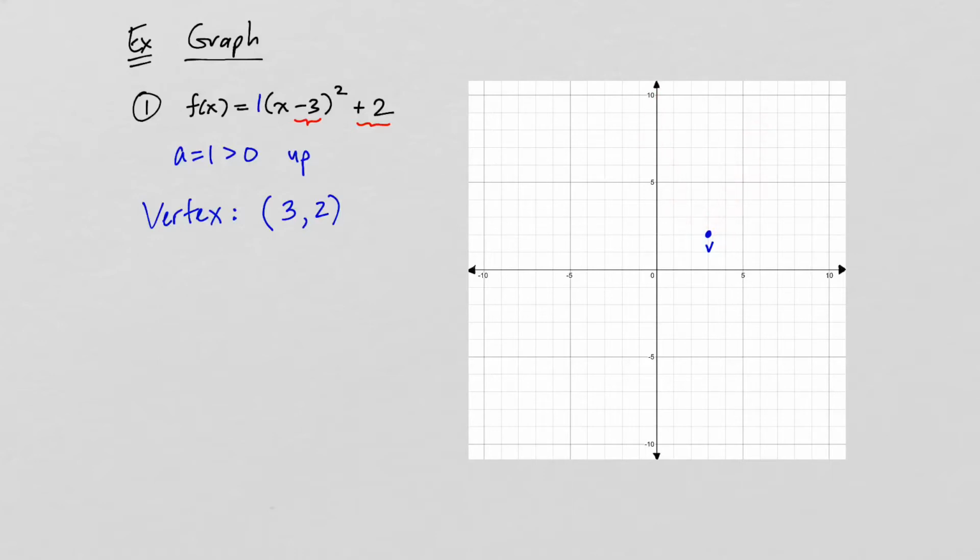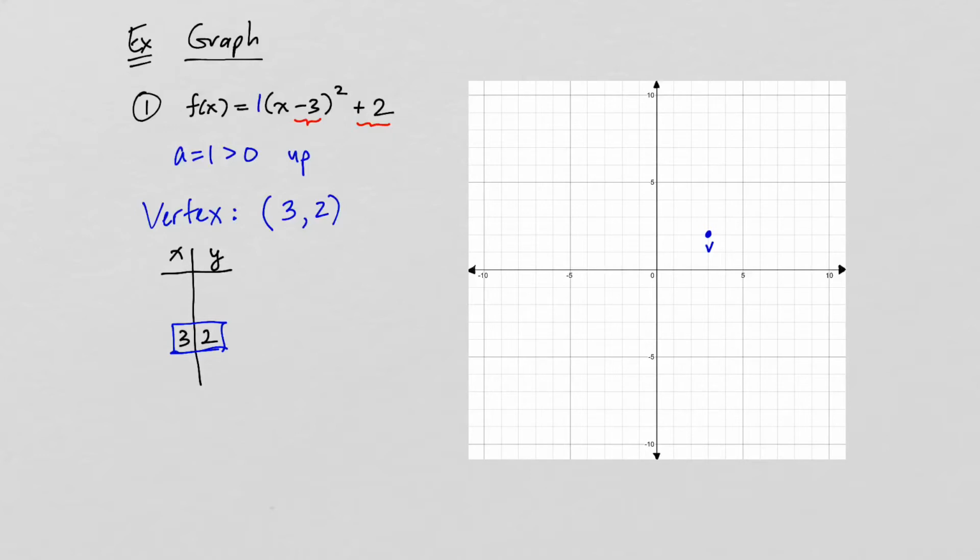So what we need to do is make a small table of values, and we don't need a lot of points, but we need a few points because it's not linear. It's not a straight line, so we need to get a few points. We already know one point on this parabola is the point (3, 2), because this is our vertex.